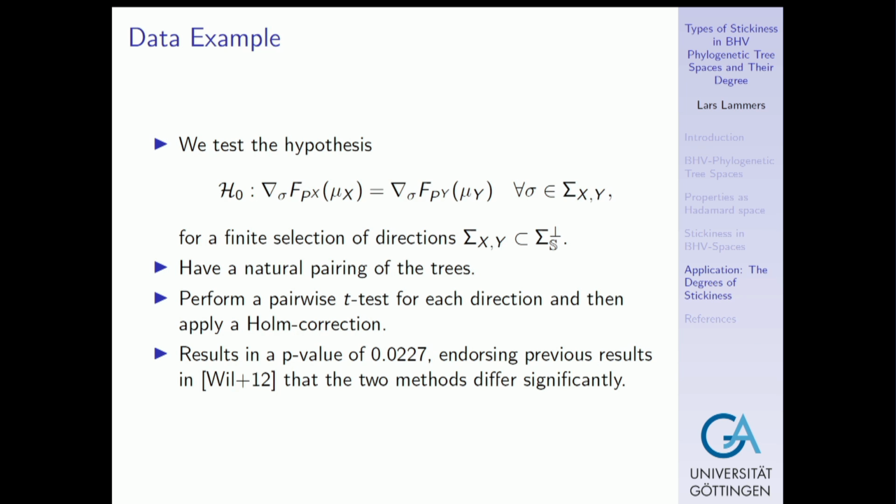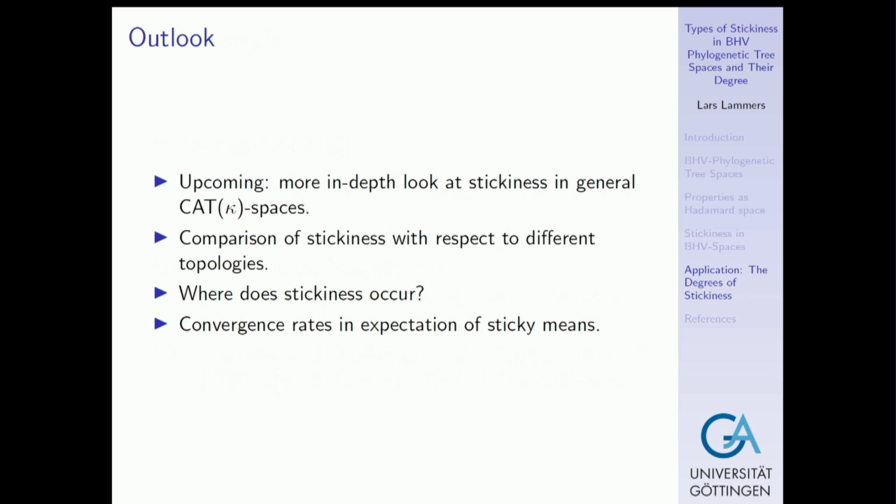Okay, then maybe some outlook. Hopefully in the next couple of weeks you will find on arXiv something more about stickiness in general, in kappa spaces, and we focused on Wasserstein topology. We compare stickiness there with respect to different topologies.